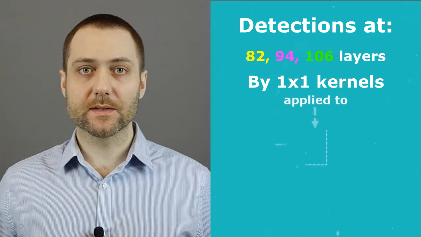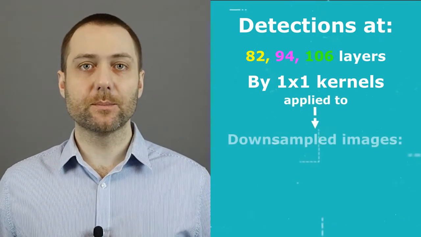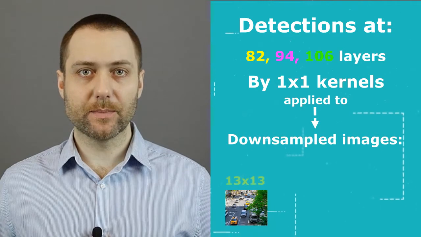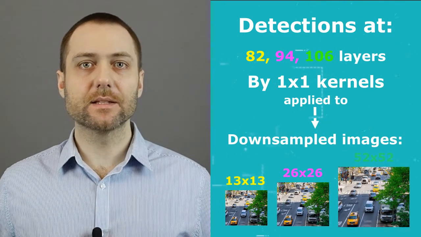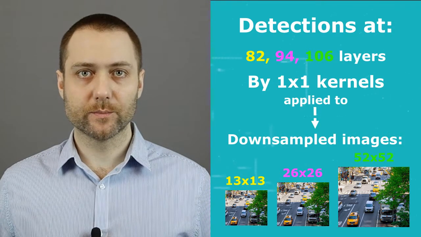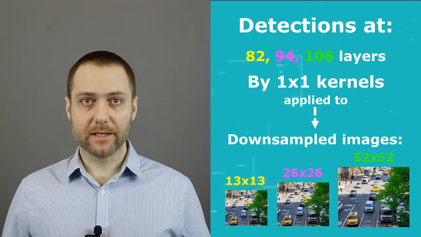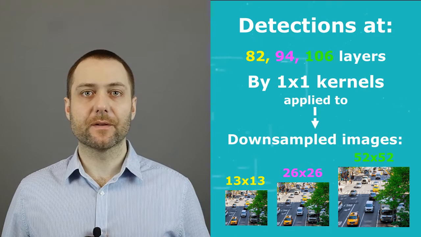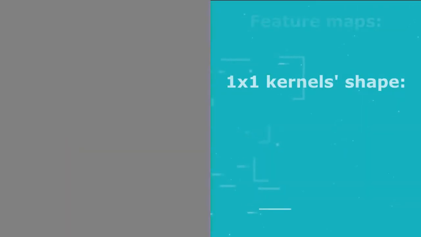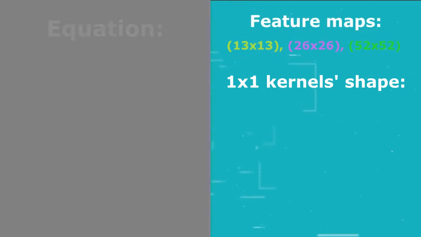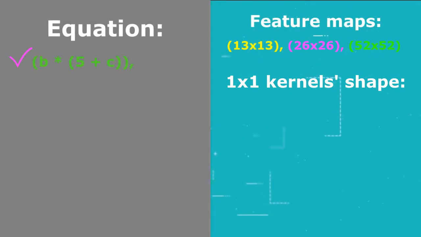1 by 1 convolutions are applied to downsampled input images 13 by 13, 26 by 26, and 52 by 52. Consequently, the resulting feature maps will have the same spatial dimensions. The shape of detection kernels also has its depth that is calculated by the following equation.